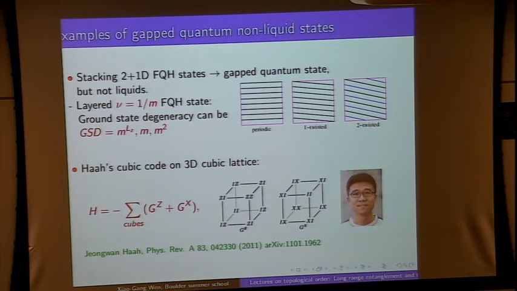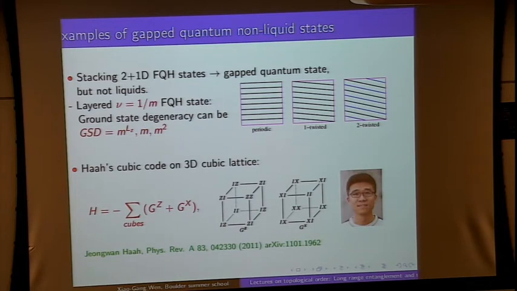What could be possible? Probably not. I think all those states probably have a property that all the local operators have short-range correlation. So by linear response, there's nothing in the linear response.